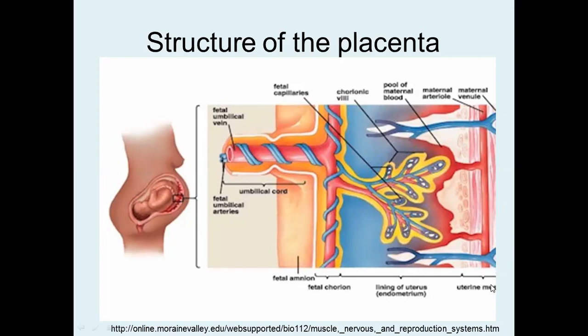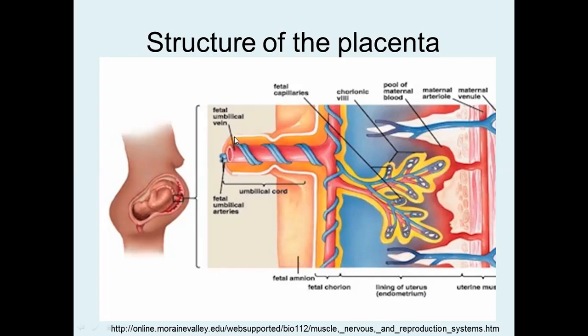That's not an issue. Don't worry about the muscle layer. Do know about the endometrium. And then this part, the yellow part, is chorion. So let's talk about chorion, because that's the important thing.